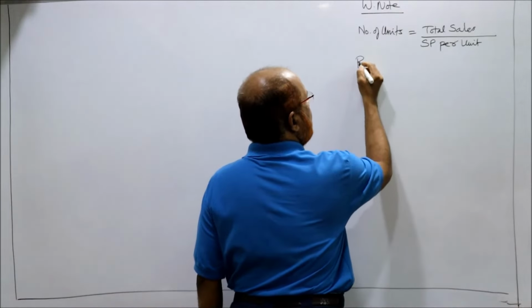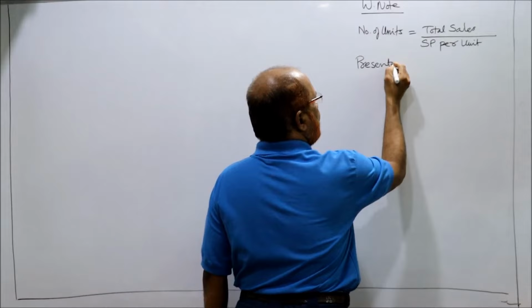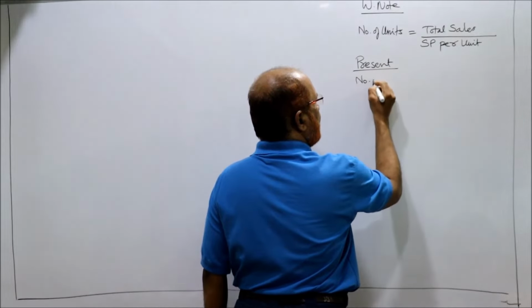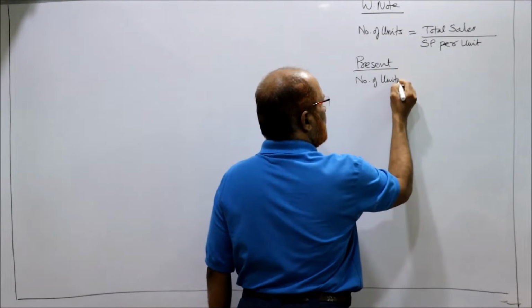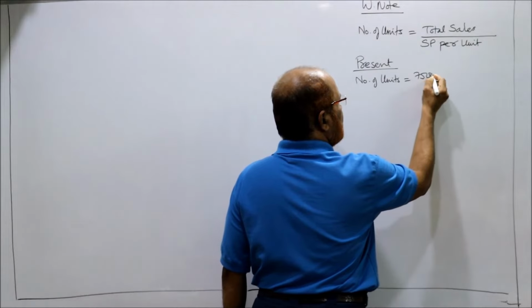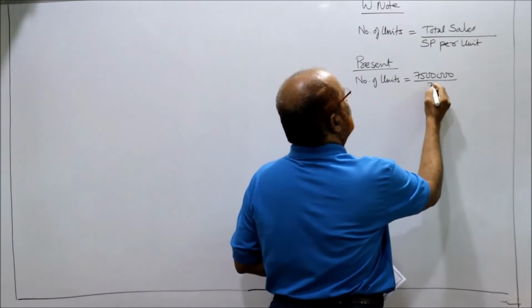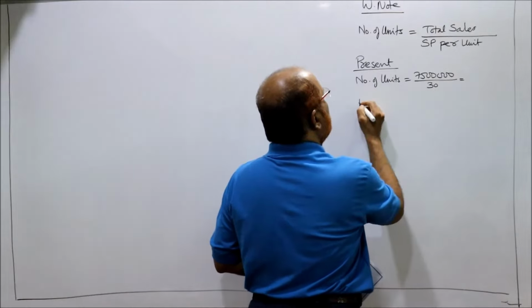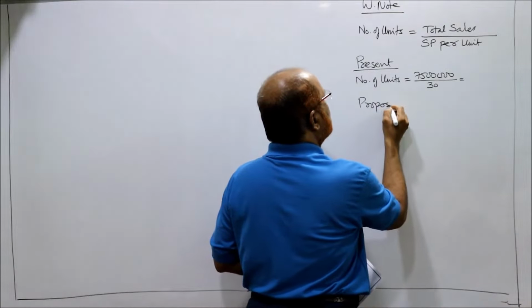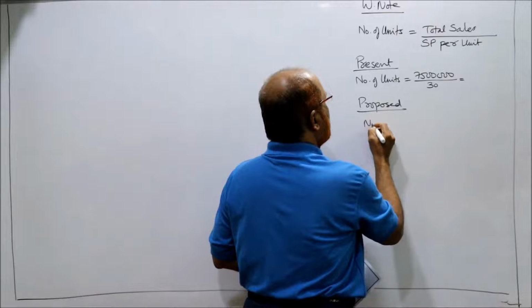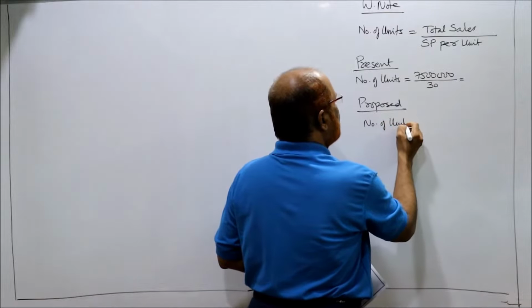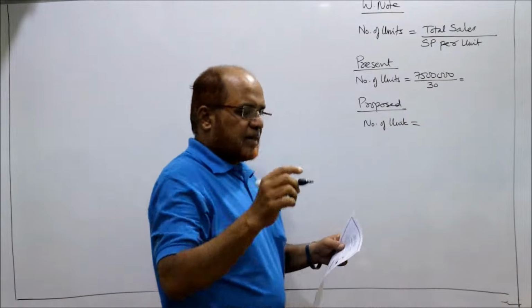So presently, the number of units is equal to, presently the sales are 75 lakh and the selling price per unit is 30 rupees. Proposed, in the proposed policy the sales will increase by 6 lakh.